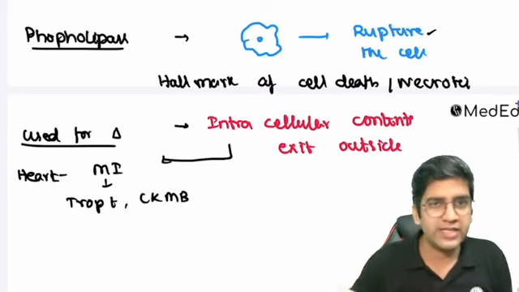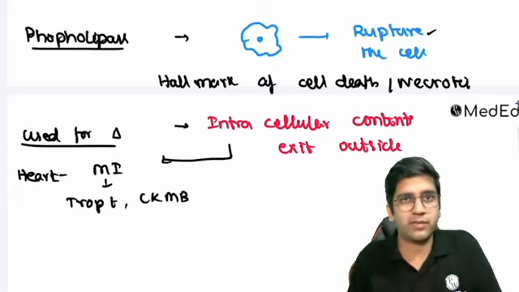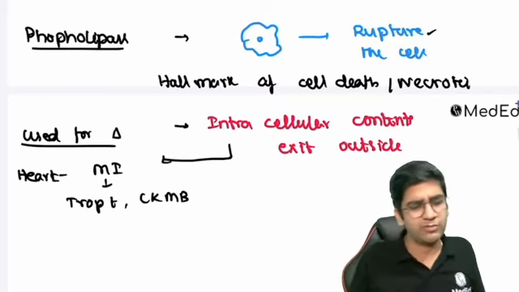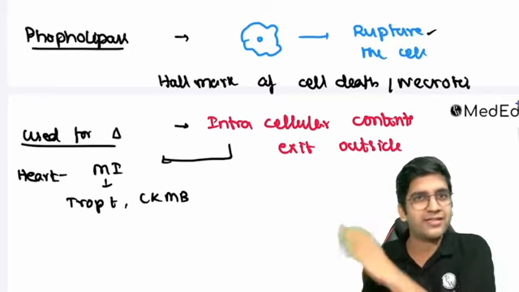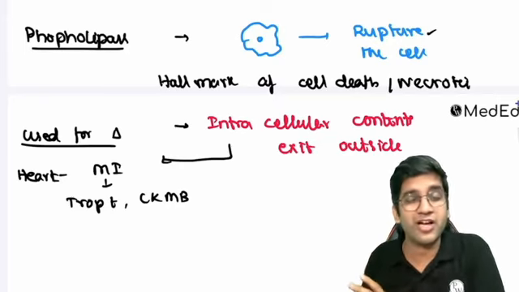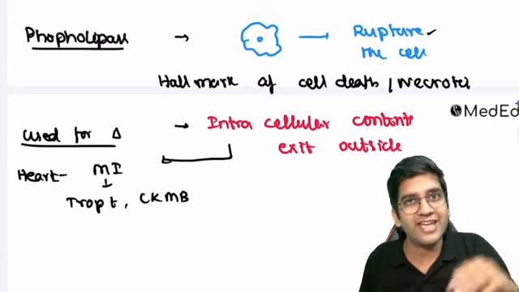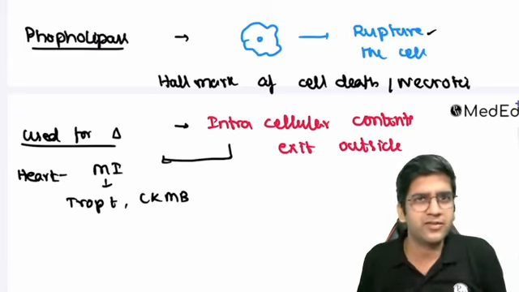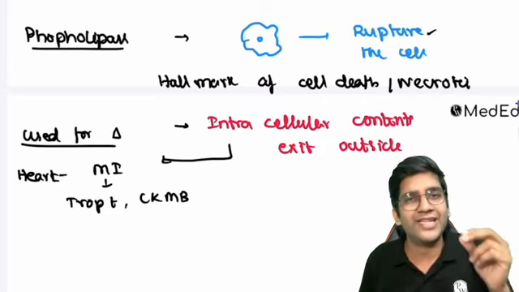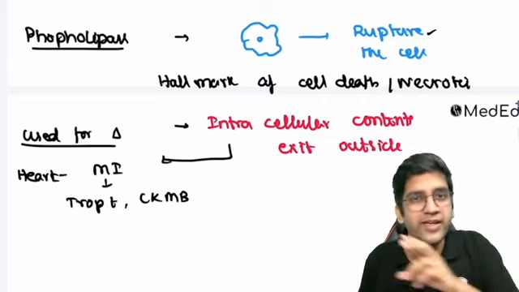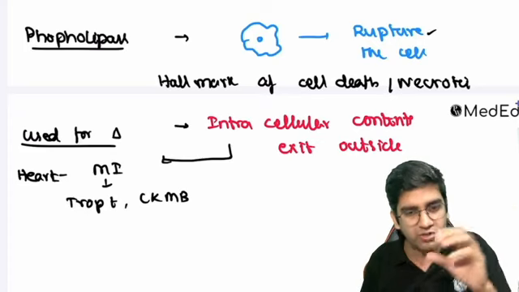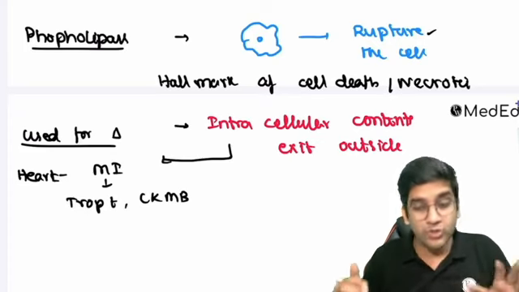CKMB is creatine kinase, the subtype, right? You must have read about this in your biochemistry and physiology. That's nothing but necrosis, not just in heart. When my liver dies by necrosis, can I say AST, ALT will elevate? Most of the enzyme studies I do are based on cell death, based on membrane rupture. It's always interlinked.